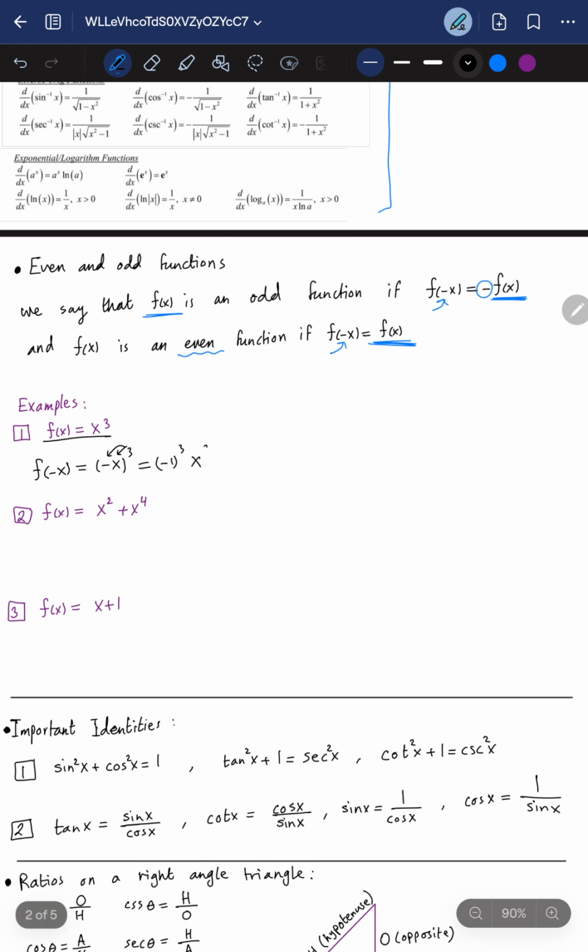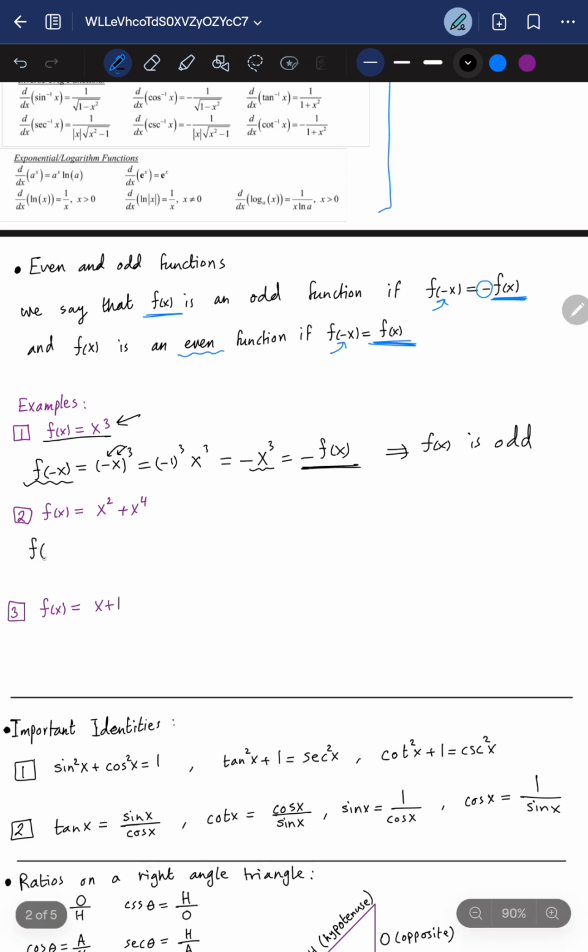Negative 1 cubed, x cubed. Now negative 1 cubed is just minus, so minus x cubed, but x cubed is just f of x. So this is minus f of x. So we got f of negative x is equal to minus f of x, which means f of x is odd. So x cubed is odd.